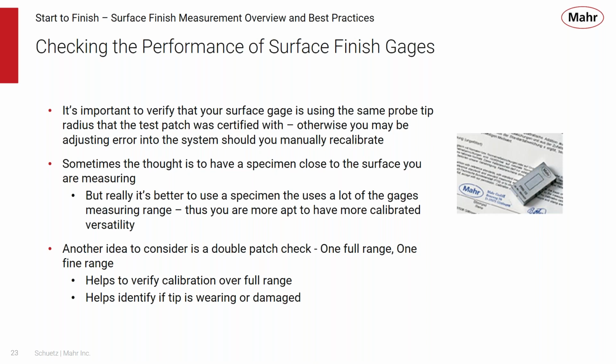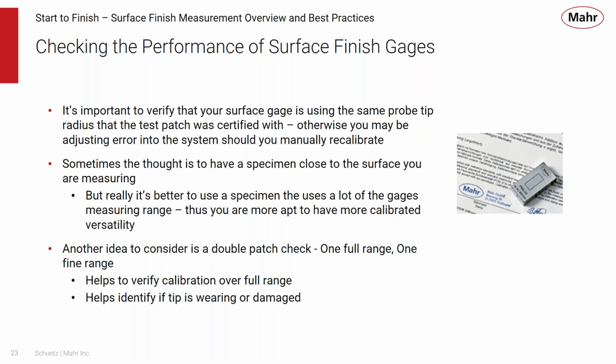Sometimes the thought is to have a specimen as close to the surface that you're measuring, but I think it might be better to use a specimen that uses a lot of the gauge's measuring range. Thus, you're more apt to have a more calibrated system, giving you more versatility throughout its whole measuring range.